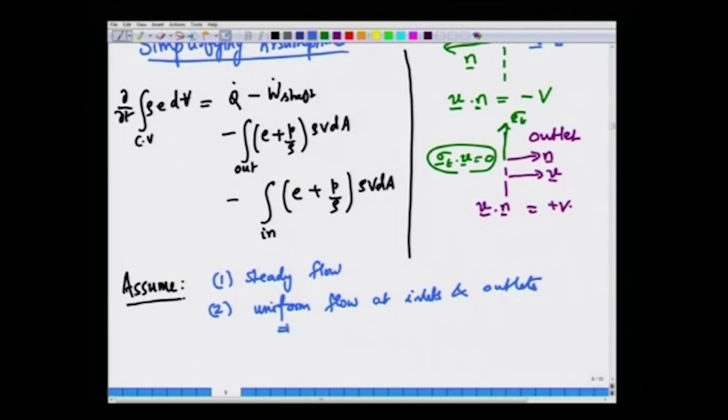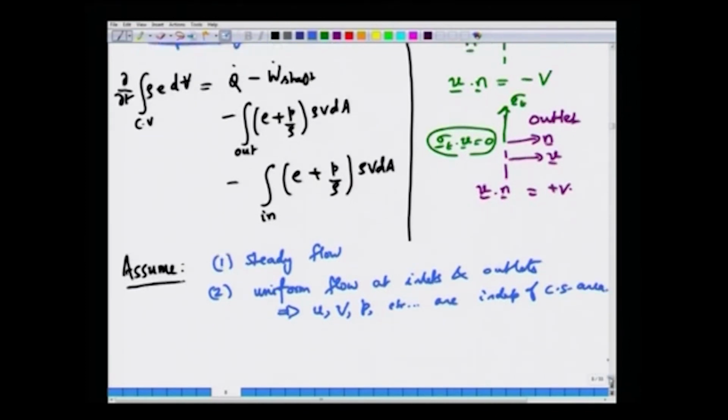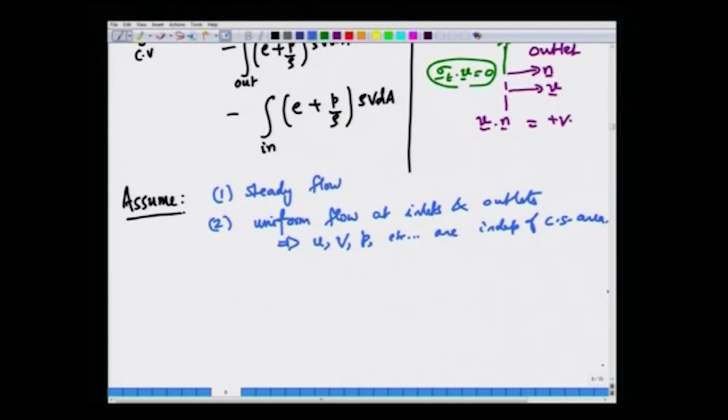This means that quantities within this integral, such as u, v, p, etc., are independent of the cross section area and they are constants. This is an assumption. Of course, we know how to correct it by using the kinetic energy correction factor a little later, but right now let us keep things simple by assuming uniform flow.